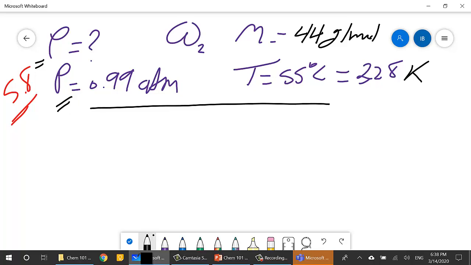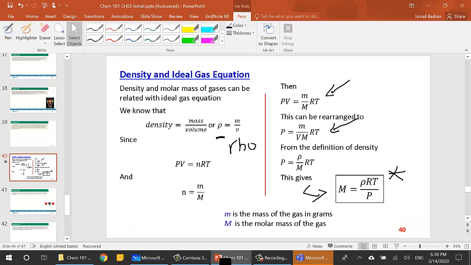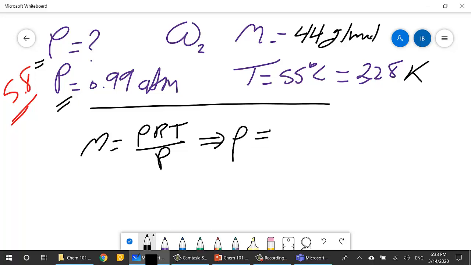So what do we have here? He's asking for the density. So you can just plug in this equation, which is M equals rho RT over P. That means rho equals, if you rearrange this equation, and you should now be good at rearranging these equations, you get what you want.